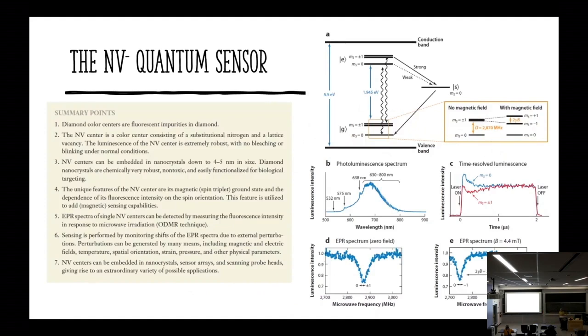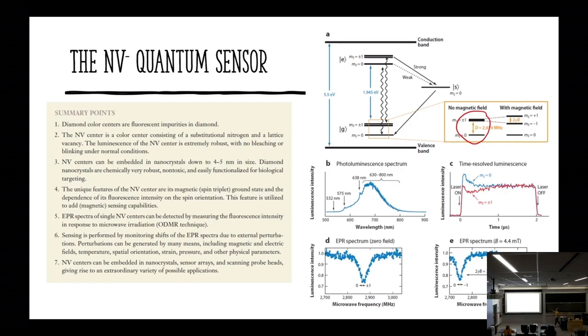And so when we look at an experiment called optically detected magnetic resonance, that's this ODMR experiment, what we end up seeing is a dip in the luminescence intensity. And that dip in the luminescence intensity happens at that 2.87 gigahertz that's associated with the splitting between the little m sub s equals 0 and little m sub s equals plus minus 1 states.